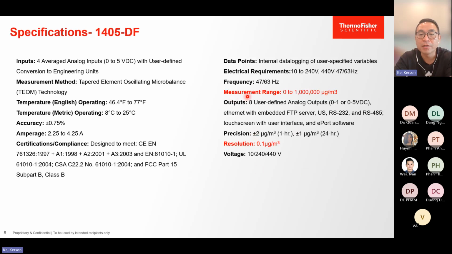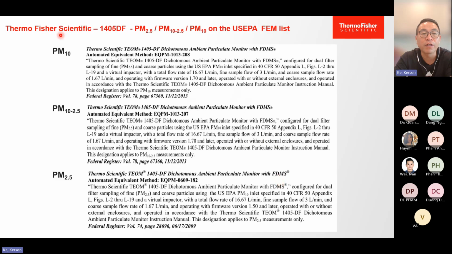So the measuring range is 0 to 1 million microgram per cubic meter, and resolution is 0.1 microgram per cubic meter. Okay, for this one, we have the 1405DF. We got the FEM listed on 3 parts: PM10, PM cross, and PM 2.5.